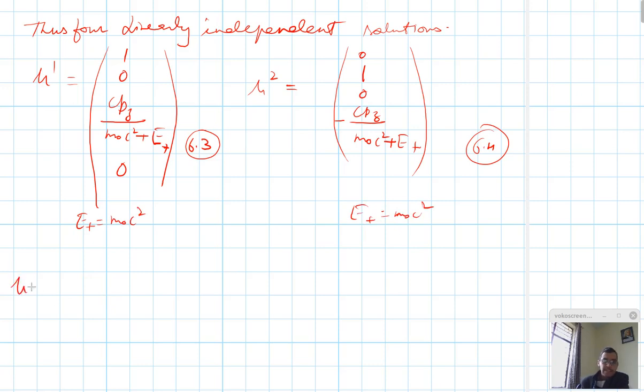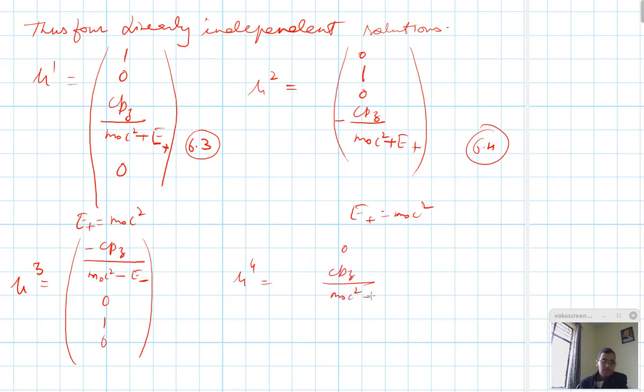And similarly u3 we are getting as minus cpz over m naught c square minus E minus, it is 0 1 0, and u4 we are getting 0 cpz over m naught c square minus E minus, it is 0, it is 1.